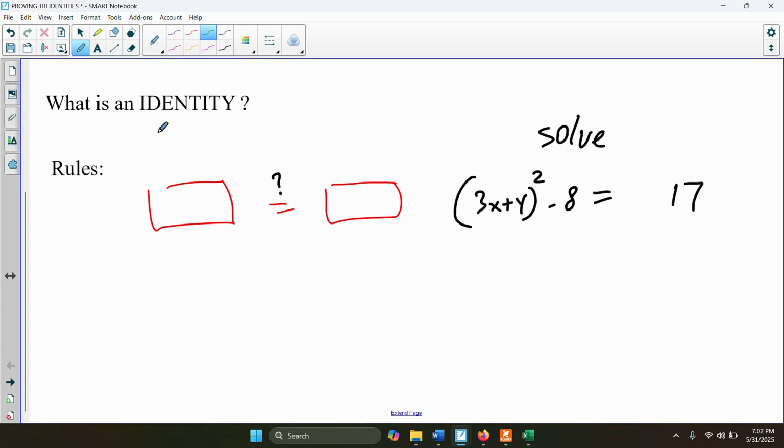Well, with identities, you're not allowed to do that. You're not allowed to do something to one side and something to the other side at the same time. Like here, the obvious step is plus 8 on both sides, but you can't do that with identities. You pick a side, left side or right side, and we typically pick the more challenging looking side.